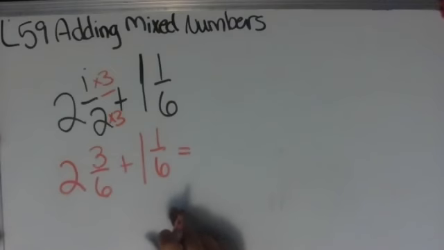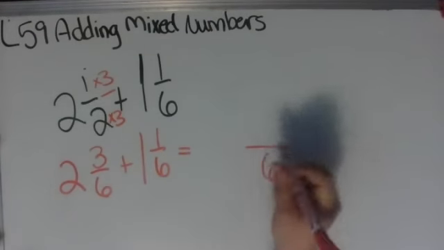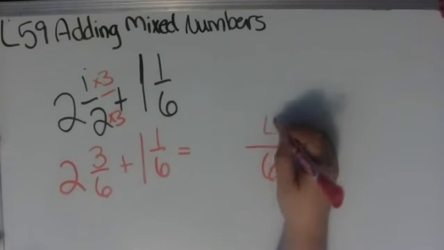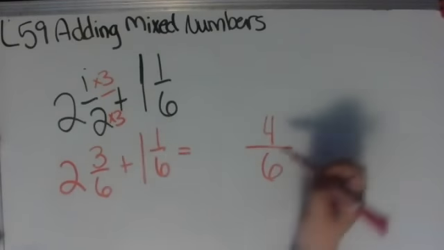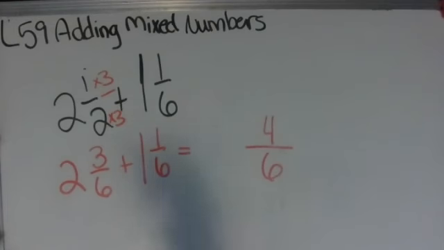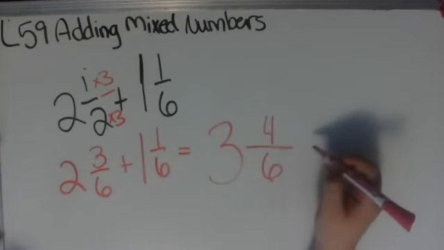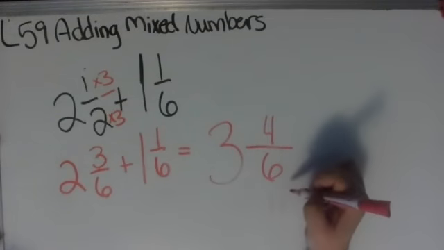Now they both have 6 as the denominator. I'm going to do my fractions first. 6 just comes straight over. 3 plus 1 is 4. My numerator is not bigger than my denominator, so I don't have any whole numbers I need to deal with. 2 plus 1 is 3. I have 3 and 4/6. Make sure this is lowest terms.